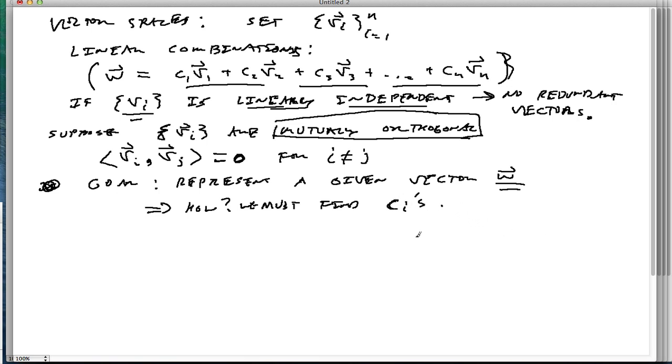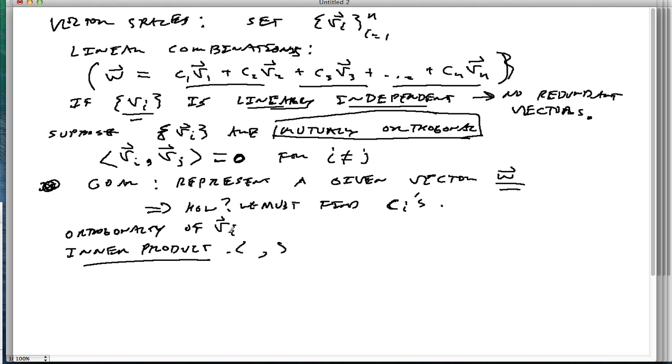Well, now we have a nice tool. We have orthogonality of our vi, and we have an inner product. So we have this inner product, and our set is orthogonal. So how do we find it?